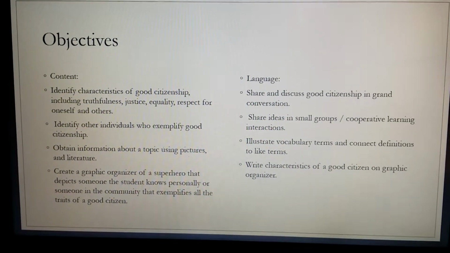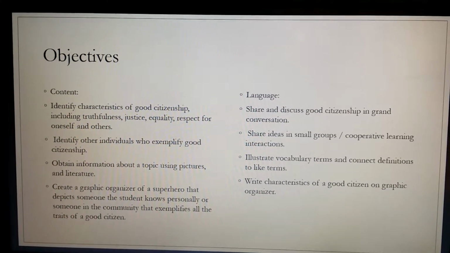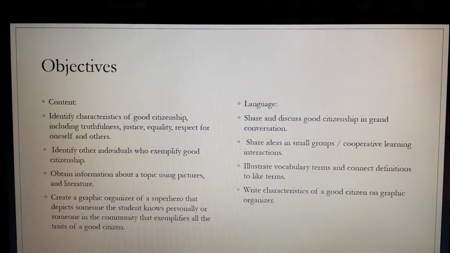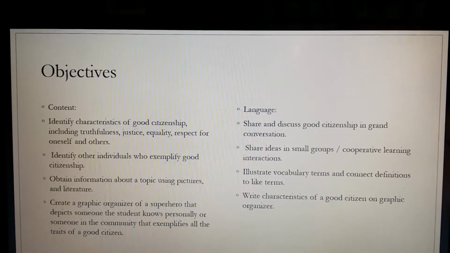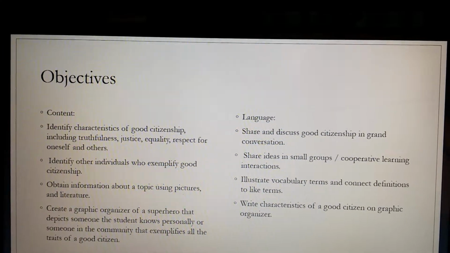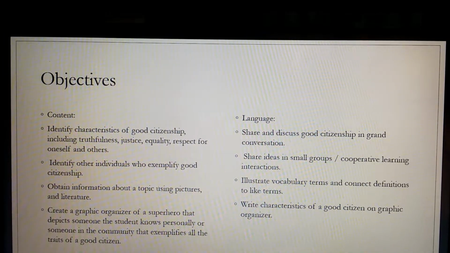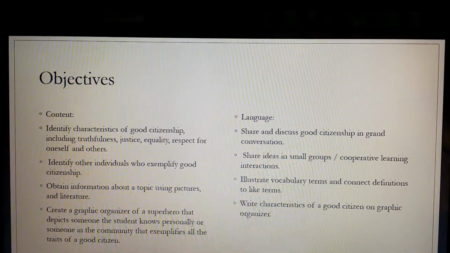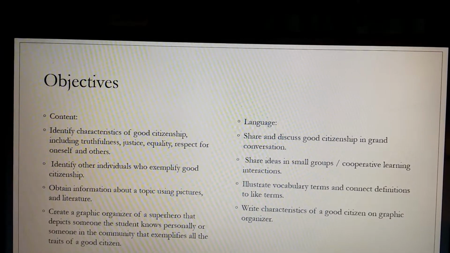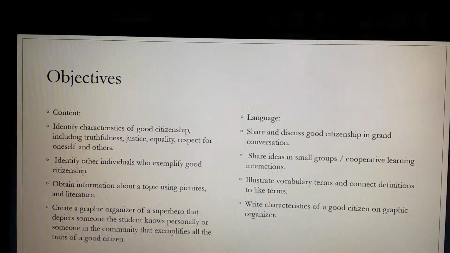Content objectives for this lesson are to identify characteristics of good citizenship, including truthfulness, justice, equality, respect for oneself and others, identifying other individuals who exemplify good citizenship, obtain information about a topic using pictures and literature, create a graphic organizer of a superhero that depicts someone the student knows personally or someone in the community that exemplifies traits of a good citizen.